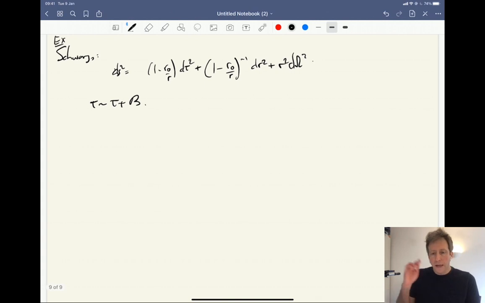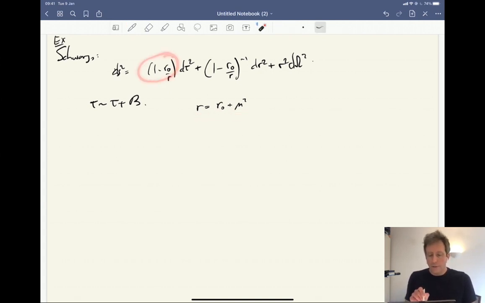Let me go through it, and as I say, you can then try this in the AdS examples. So we'll expand around the horizon, r is r naught, by changing coordinates in this way. We change to r naught plus mu squared. And that works when you've got metrics that go like f and 1 over f here.